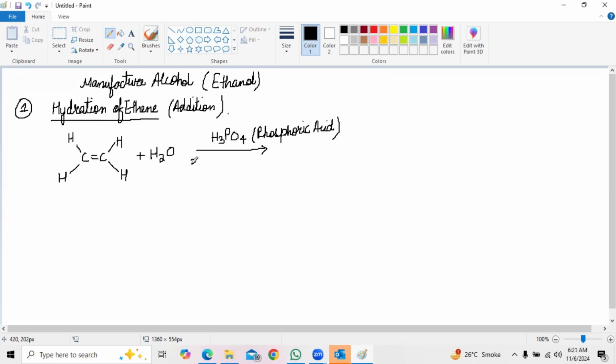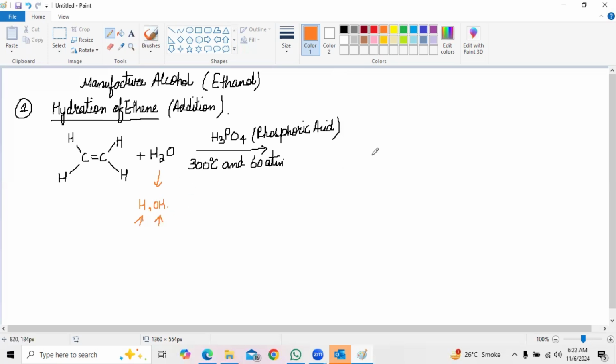That is going to be 300 degrees Celsius, and the pressure would be 68 atmospheres here. So what is going to happen here? First of all, let's see. We know water is basically composed of hydrogen and OH. So these are the two things that are present in water.